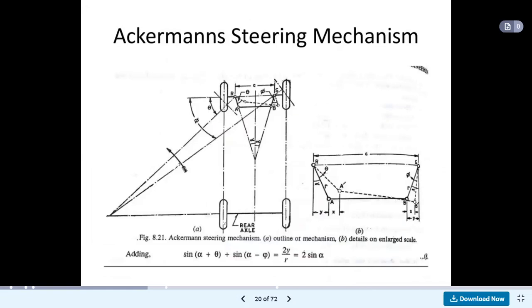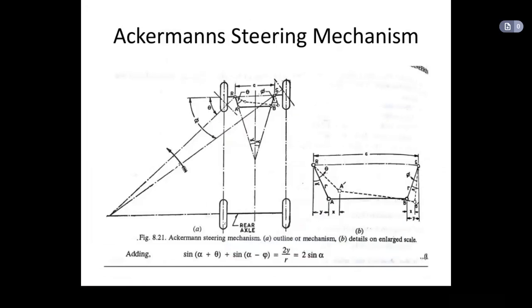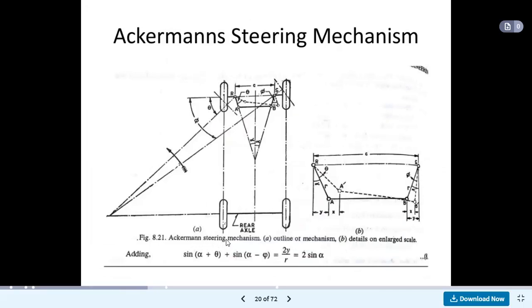Ackermann's steering mechanism. If we take this diagram, the first diagram is the outline of the mechanism, and the second diagram is the details on an enlarged scale.